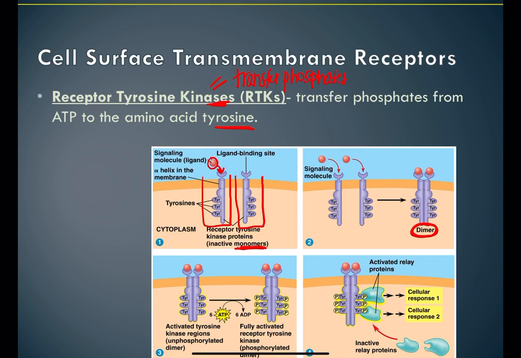But they can't do that until they both receive a signaling molecule. So once the signaling molecule binds to both monomers, those monomers will come together to form a dimer. Now, that dimer is inactive because it hasn't been phosphorylated yet. It hasn't had the phosphate added onto it.